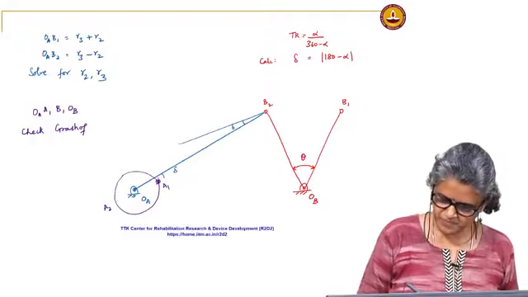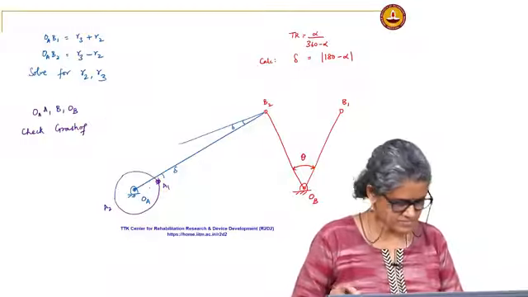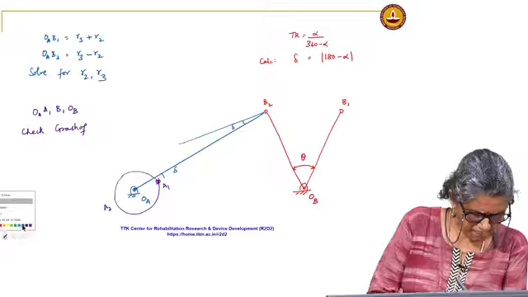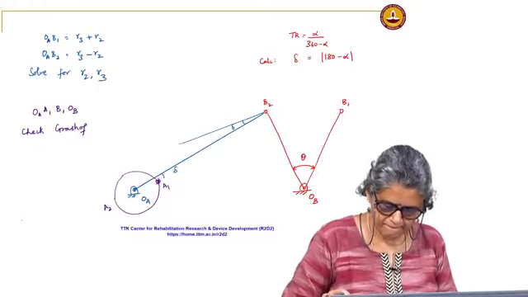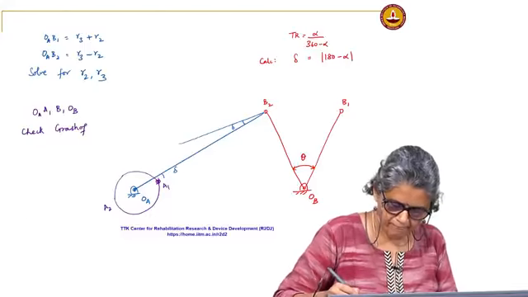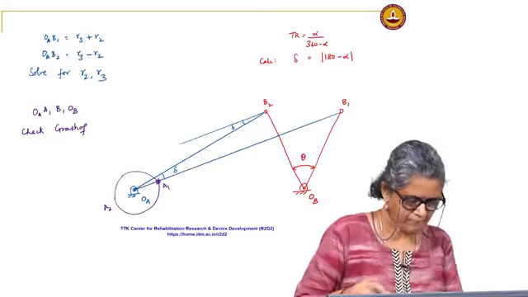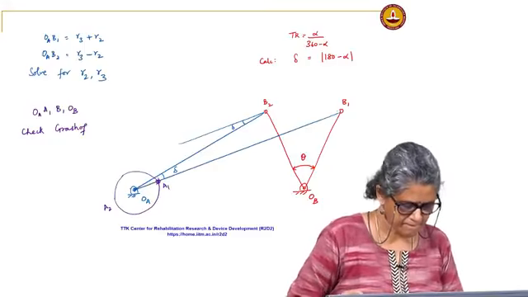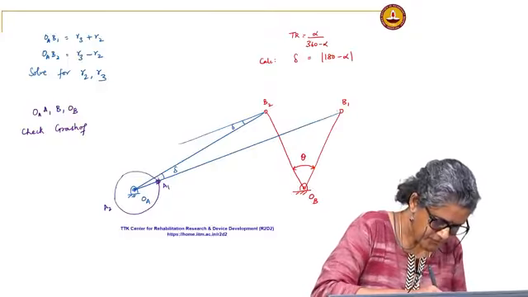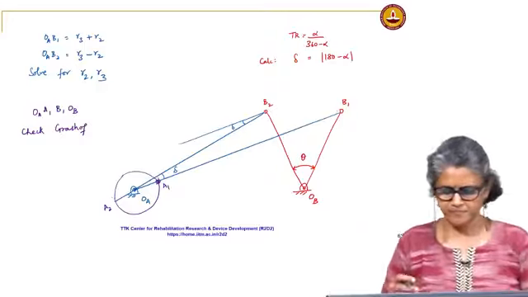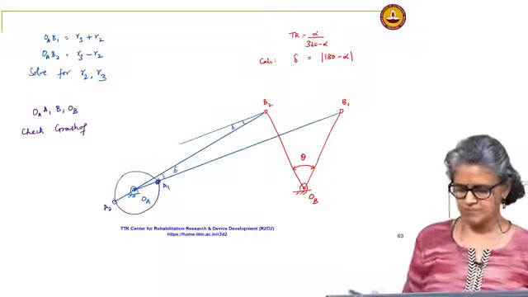Yes, it will be, this is delta, this is, okay. This will be A2, this will be A1.